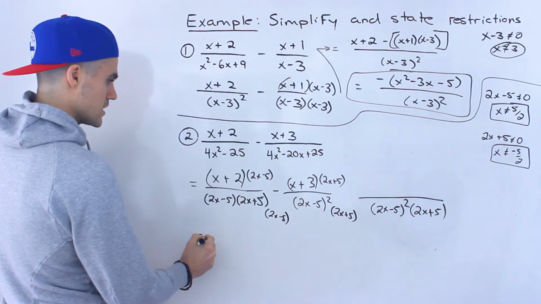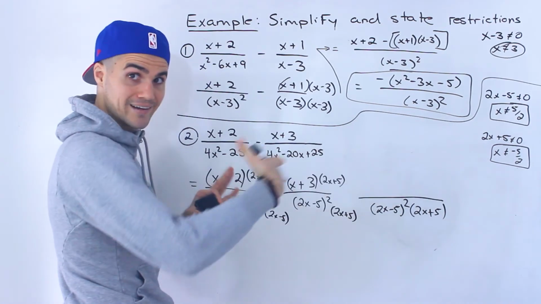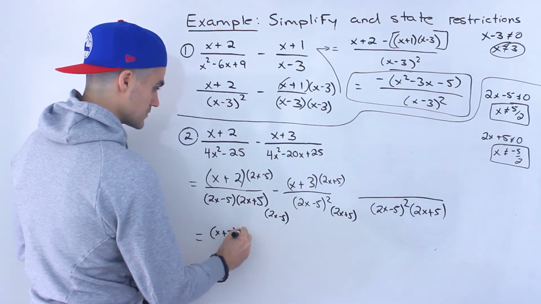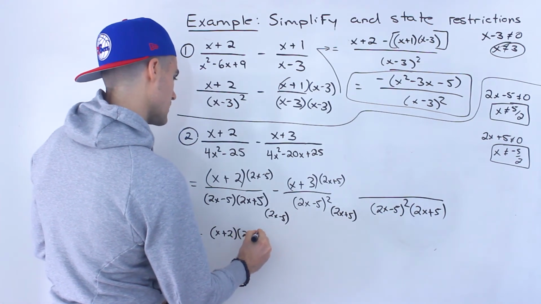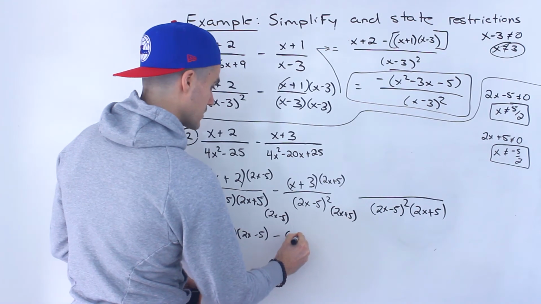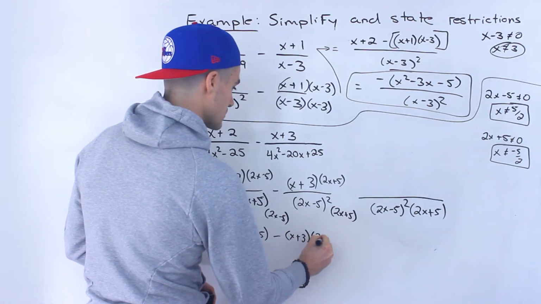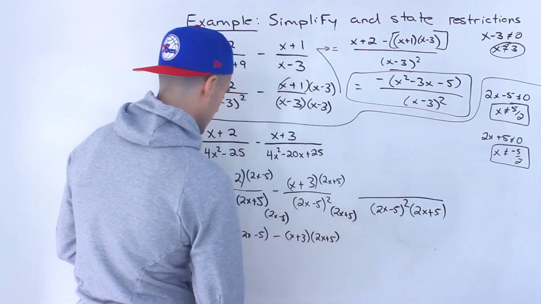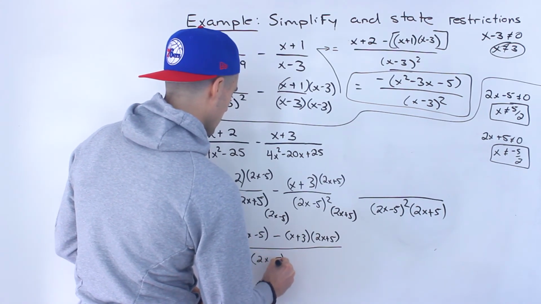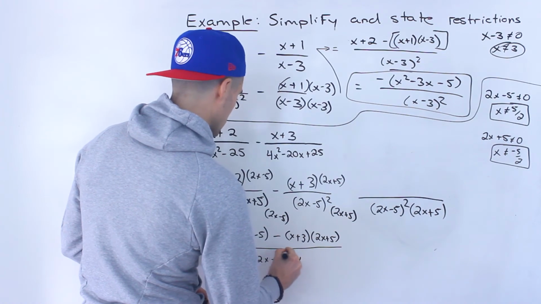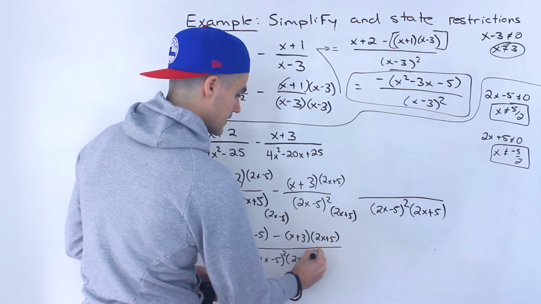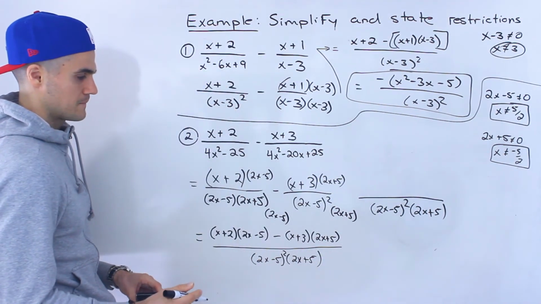Right, so if we make this look a little nicer, combine it into one fraction, we'll basically have x plus 2 times 2x minus 5 minus x plus 3 times 2x plus 5, and then this is going to be all over 2x minus 5 to the power of 2, and then 2x plus 5, like that.